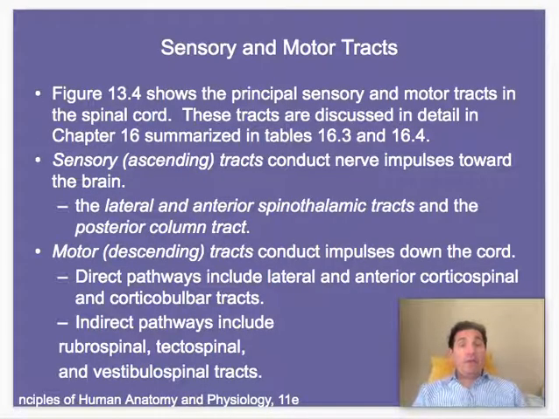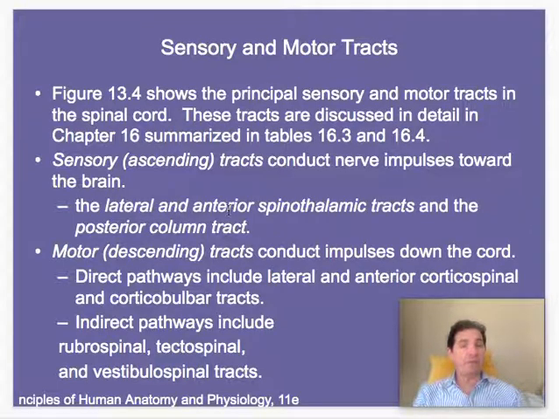When we look at the tracks, like I said, the sensory tracks are ascending, the motor tracks are descending. You'll notice that they have specific names. These are somewhat important to realize, but I don't think it's important enough to have you remember them completely.